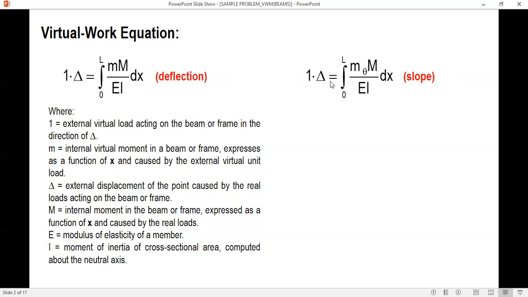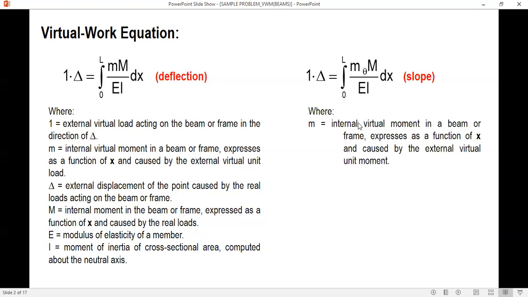We can just replace this by theta when we solve problems. The small m here with the subscript theta indicates that the virtual load is a unit moment, the external virtual unit moment. Small m is an expression in terms of x.